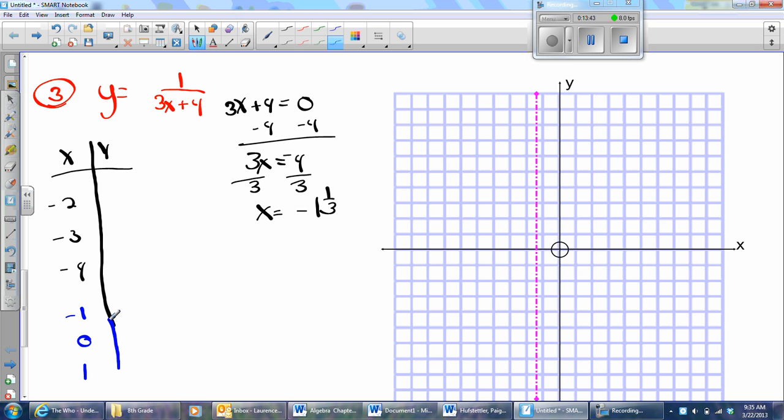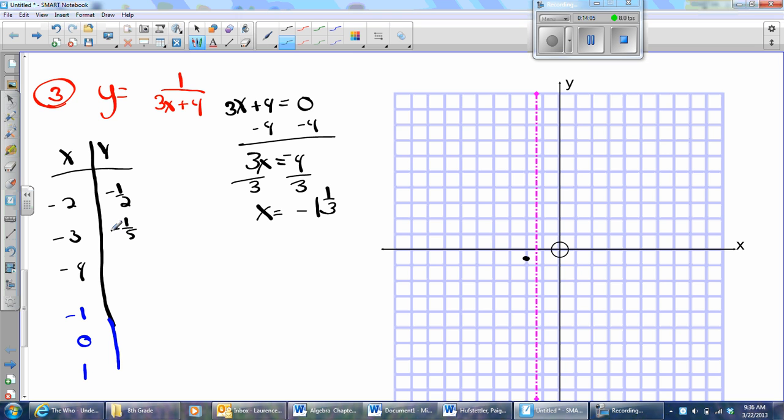Okay. So when I put -2 in, I get -6 plus 4 is -2, so that'll be -1/2. So -2, -1/2. -3 will be -9 plus 4, -5, so -1/5.